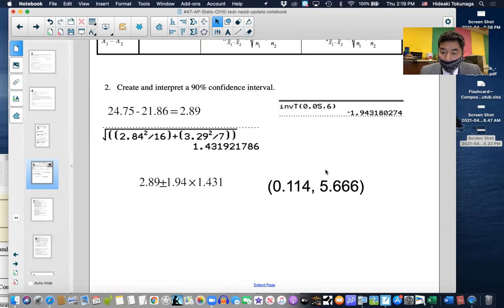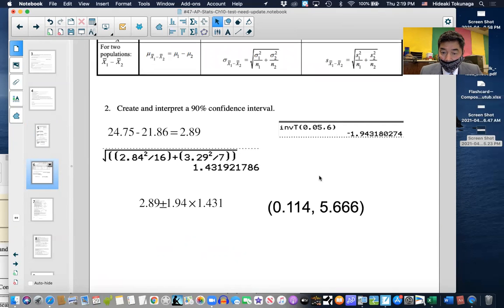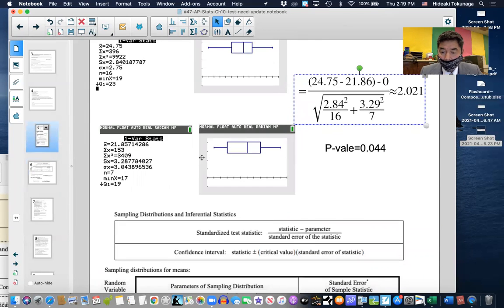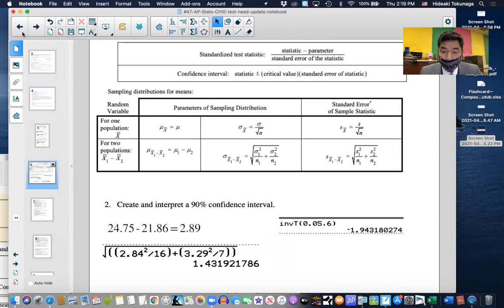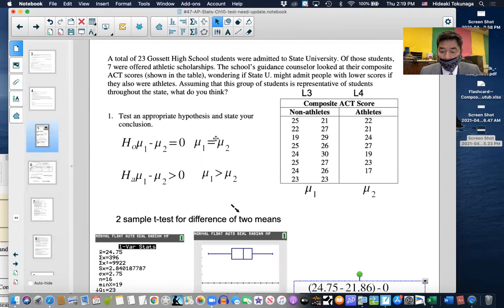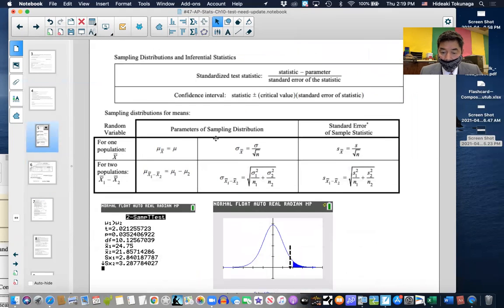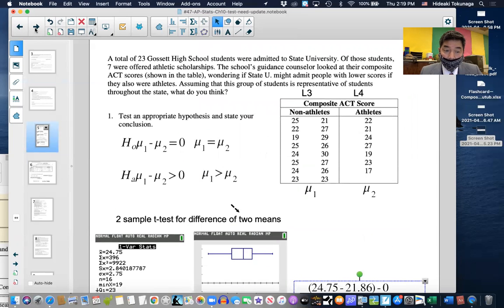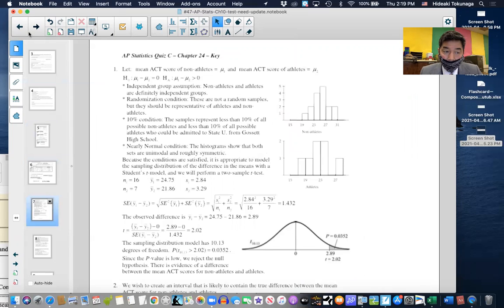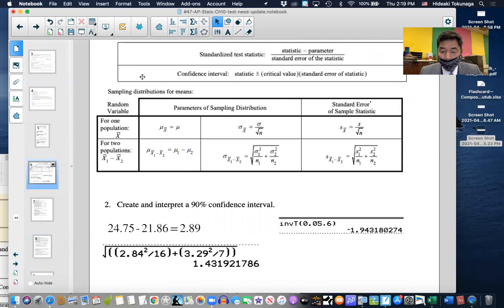Did we capture zero? The alpha level was 0.05, right? The interval didn't go to a negative number. The difference can go negative, which would mean athlete scholarship recipients have better SAT scores, but it didn't go in that direction. So it didn't capture zero.